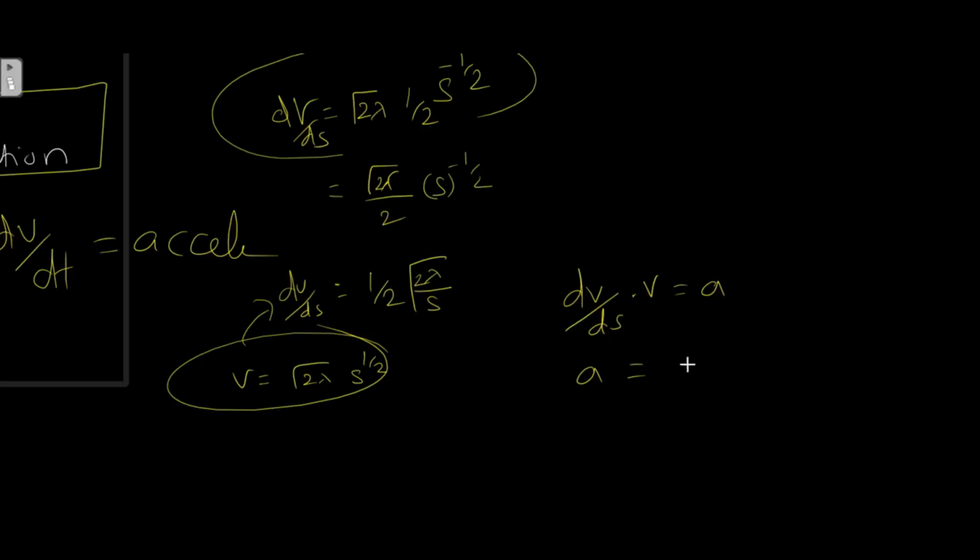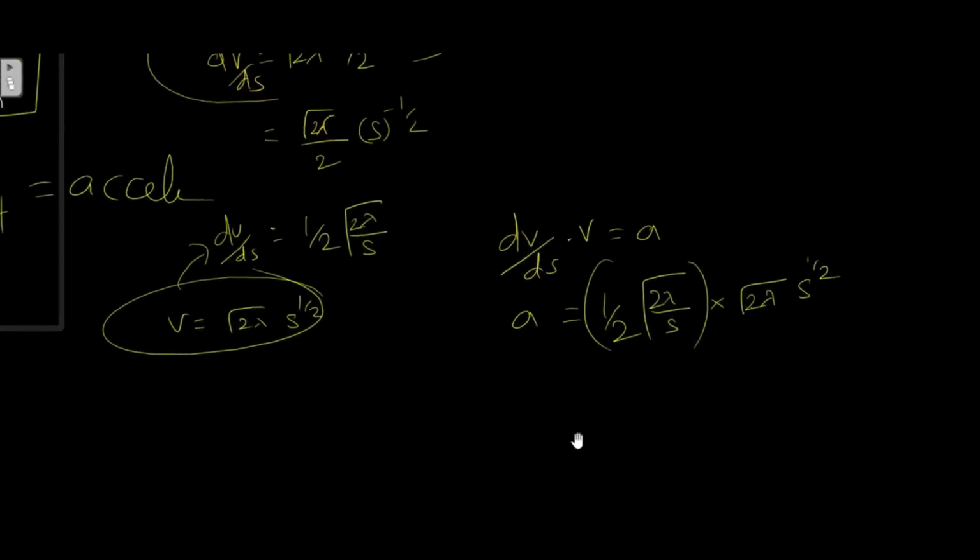What is v? What is dv by ds? Half under root of 2 lambda by s, into v. Velocity will be root 2 lambda s to the power 1 by 2. Just multiplying and cancelling all the things, we will get one thing.